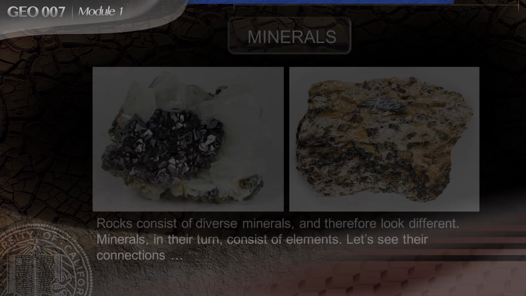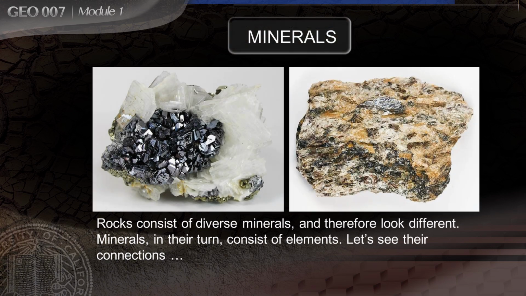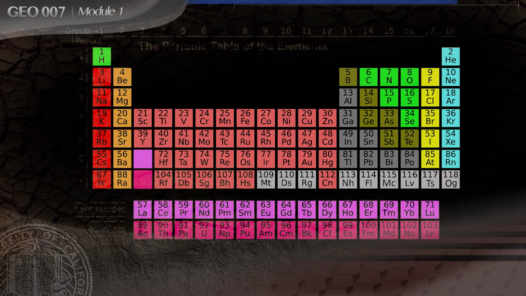Rocks consist of minerals. As you can see, they look different. Minerals, in turn, consist of elements. Let's see their connections. If you analyze the periodic table of chemical elements, you will see that currently there are a total of 118 different elements.